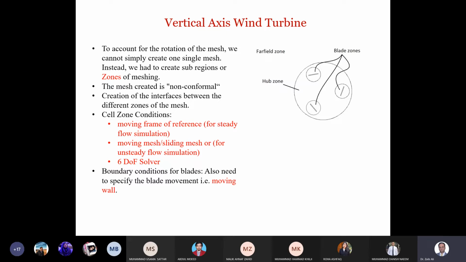Now it will calculate the RPM and the resulting moments, forces and velocities itself. So this is the most realistic option where you let the solver decide or calculate the RPM itself.